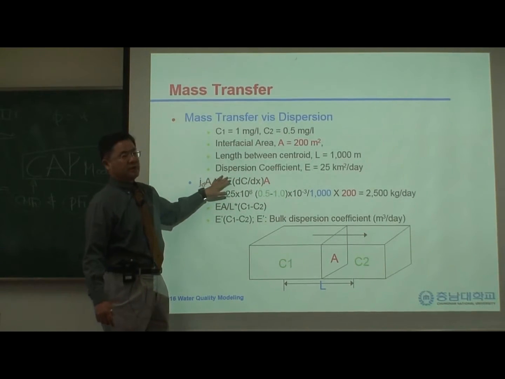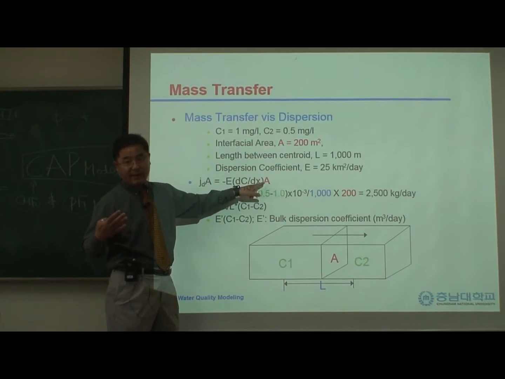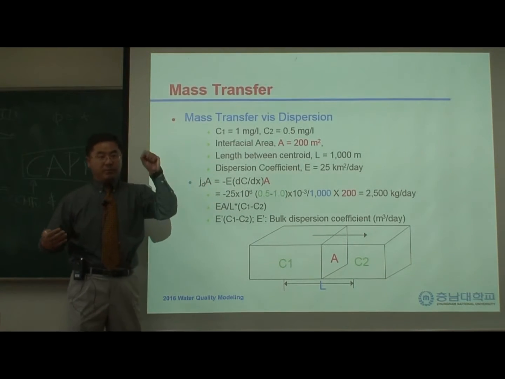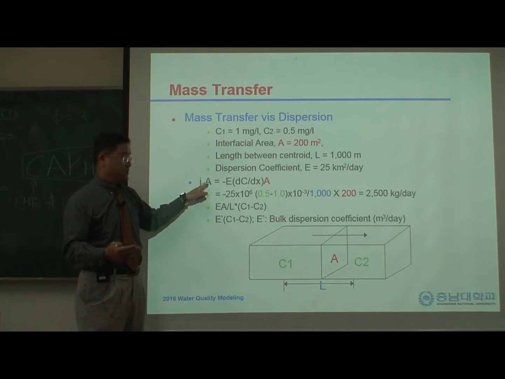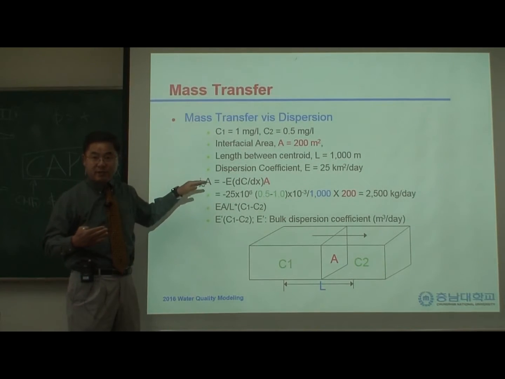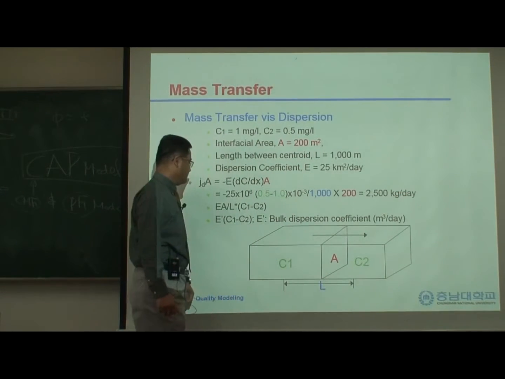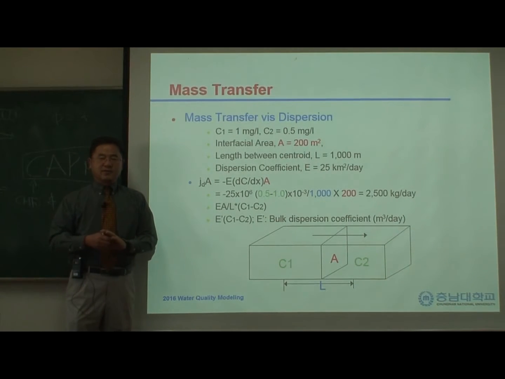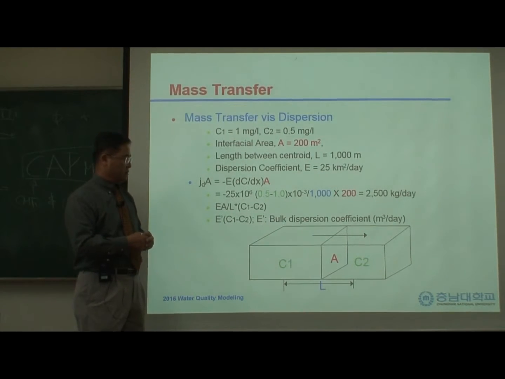To express this in the form of mass per time, we multiply by A, because without A, this was defined as mass per area per time. If you multiply this by area, then we have mass per time. This is a bit exaggerated, but this is the concept of the movement of material through dispersion.